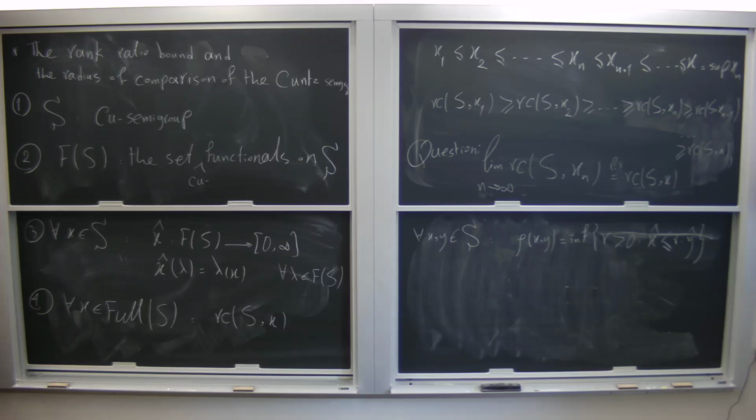And then we have elements Y and a sequence Yn of full elements of S. And then what else do I have? Oh, okay, those are increasing: Yn is less than or equal to Yn plus 1, which is less than or equal to Y.